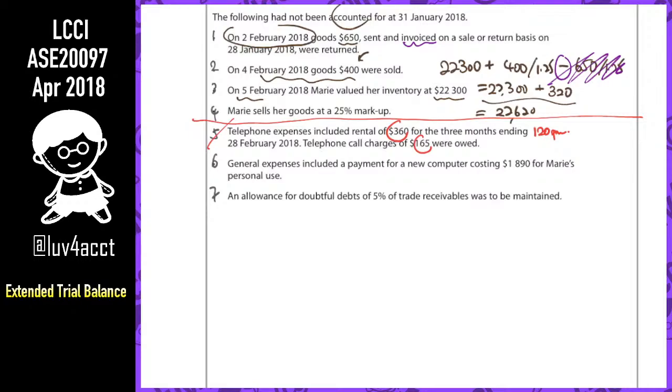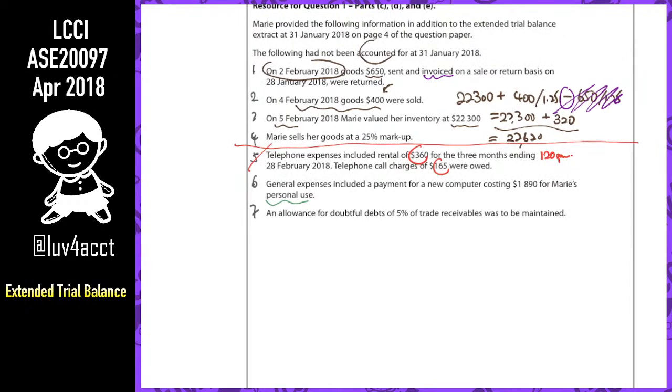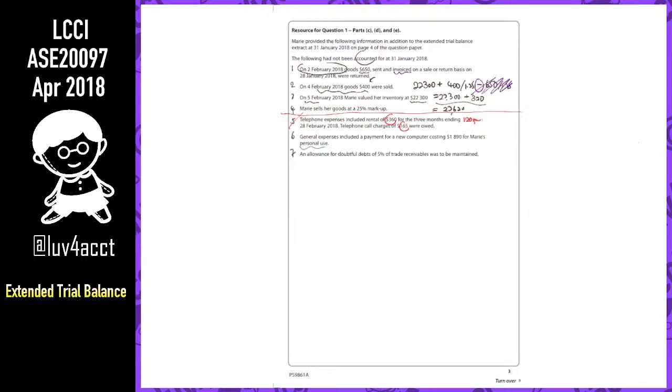Item 6. General expenses included a payment for new computer, 1890 for personal use. This first question is difficult. I hope you will never have to face these things, because in one item they have multiple things. General expenses 1890 for personal use, new computer.